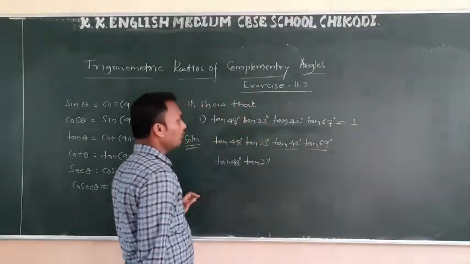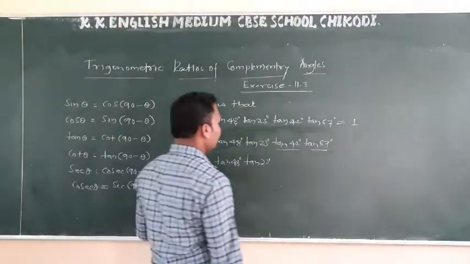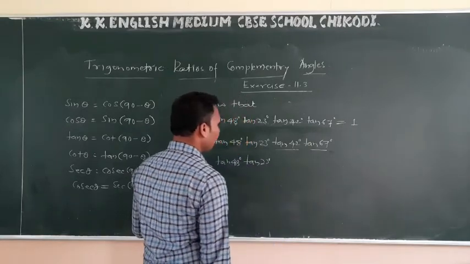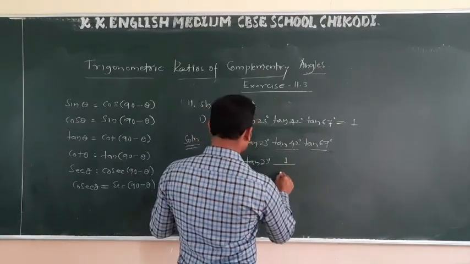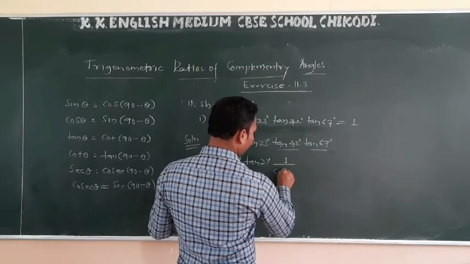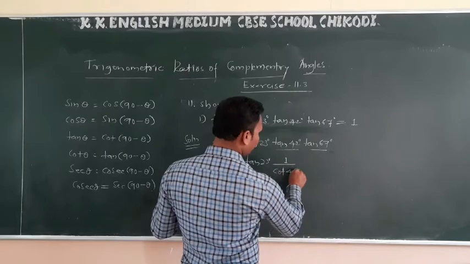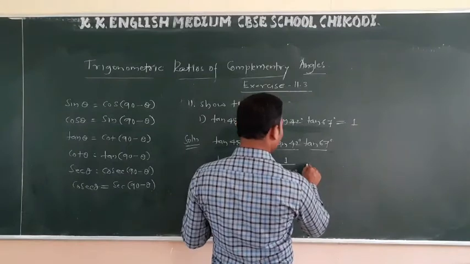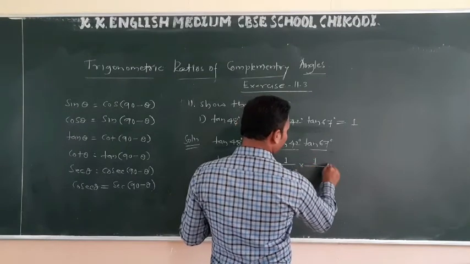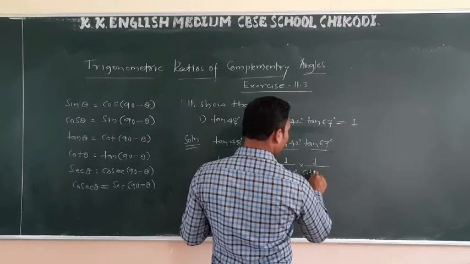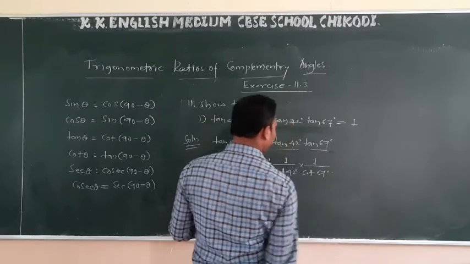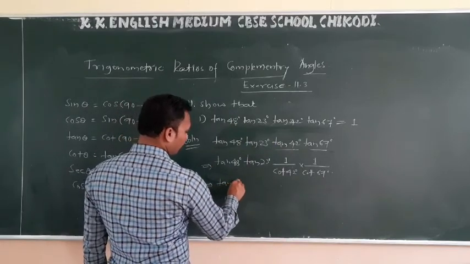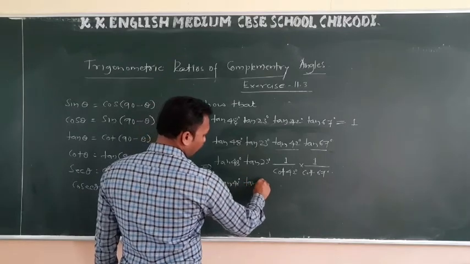So this becomes tan of 42 degree, isn't it? Otherwise, you can write 1 divided by cot of 42 degree, into again 1 divided by cot of 67 degree. Now this equals tan of 45 degree, tan of 42 degree.